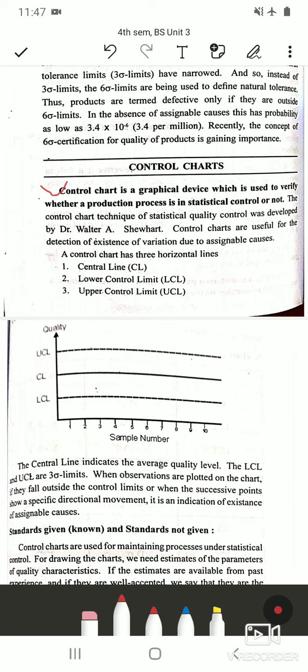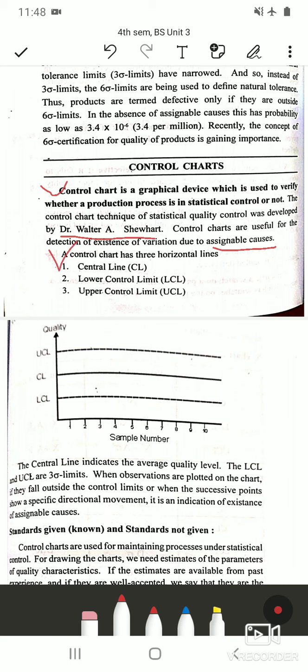The control chart was developed by Dr. Walter A. Shewhart. Control charts are useful for the detection of variation due to assignable causes. Chance causes, we know, are not under control and cannot be reduced because they are not man-made. Hence control charts deal only with assignable causes.